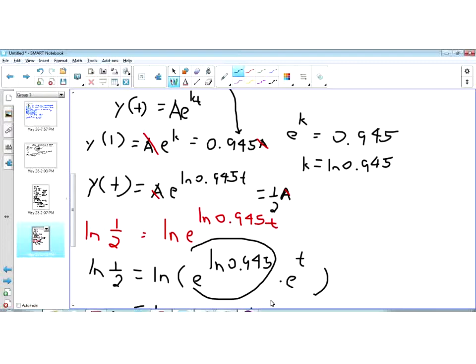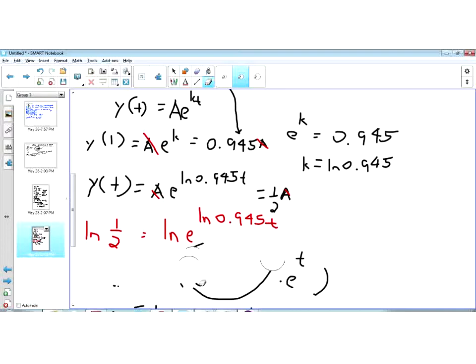I think there's a mistake in the book. All right. Yeah, there's a mistake here. Let's see. I think there's a couple of mistakes here.